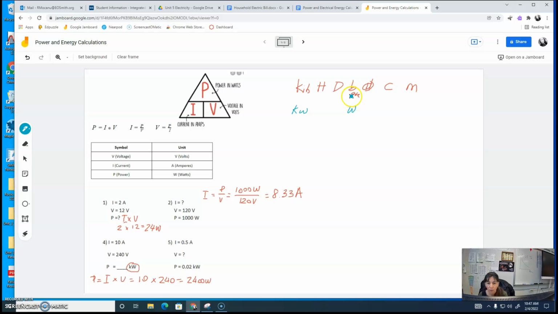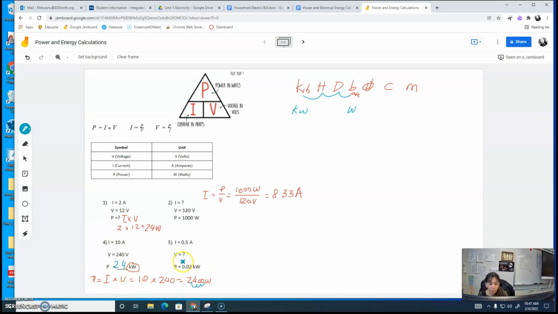Well, I got to take my decimal point right here, which is at the end, and I'm going to jump 1, 2, 3 spots to go from base to kilo. If I move it by 3 to the left, 1, 2, 3, I am going to end up with an answer of 2.4 kilowatts. And now my problem is all set.